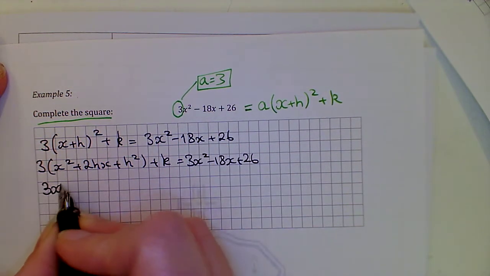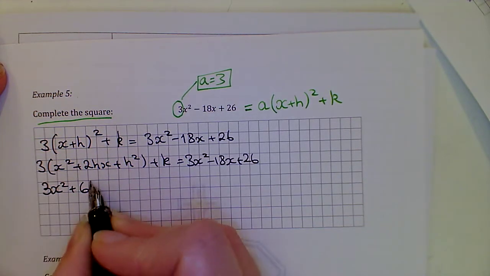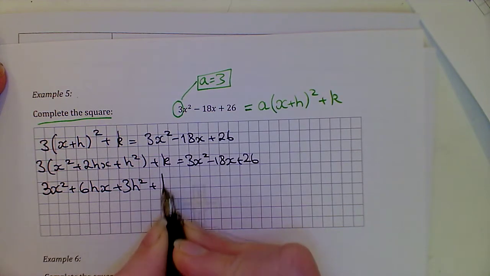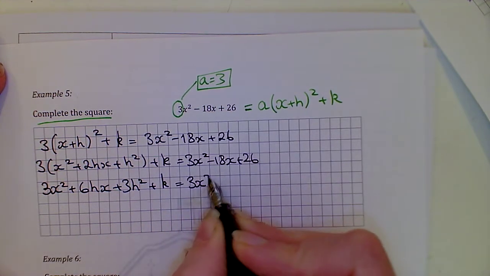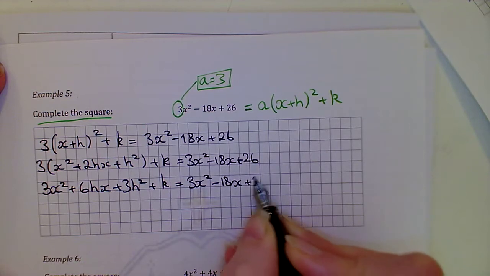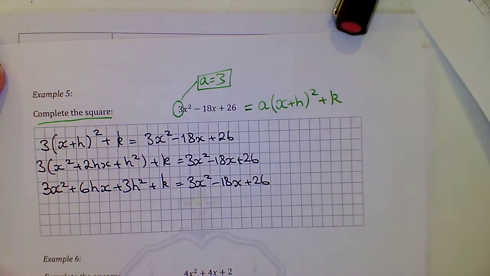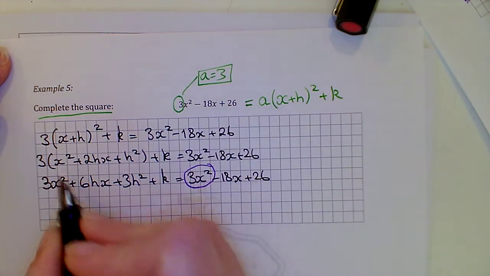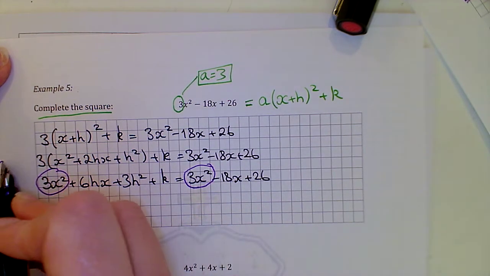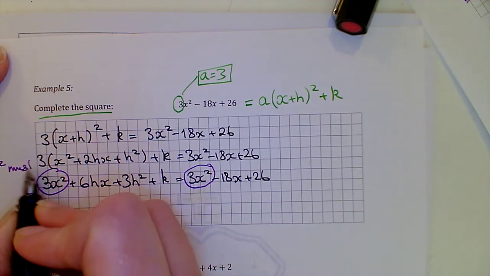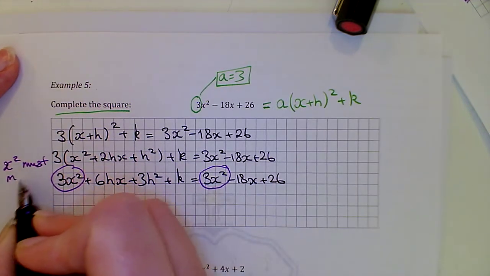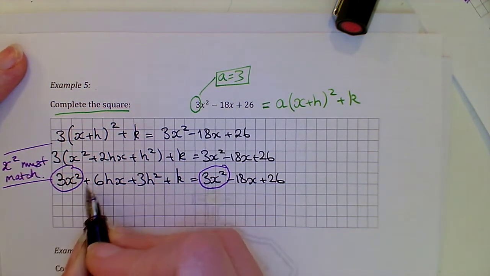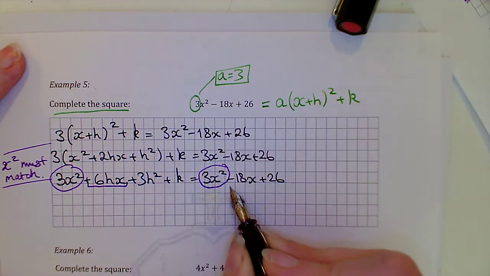I get 3x squared plus 3 by 2 is 6hx, 3 by h squared plus k equals 3x squared minus 18x plus 26. Again, the x squareds match. If they don't match, we have a problem. So the x squareds must match on both sides. And once we have that, we can then do our x terms.